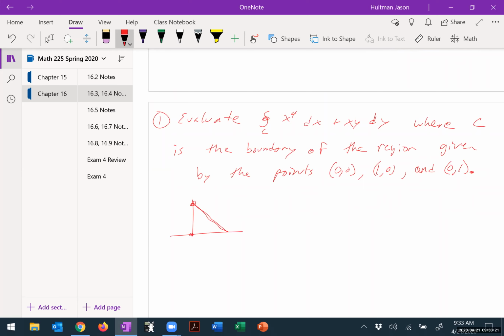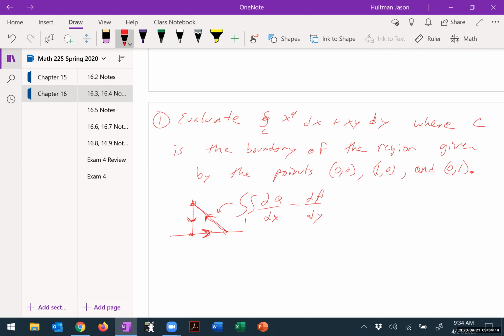As we go around this triangle, the line integral around this triangle of x to the fourth dx plus xy dy is the same as the double integral over that region of dQ/dx minus dP/dy.